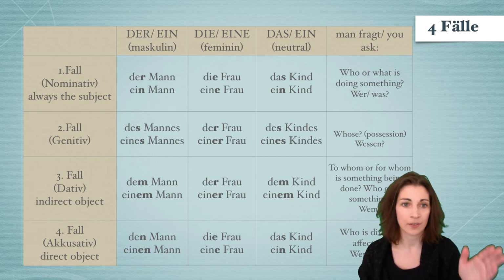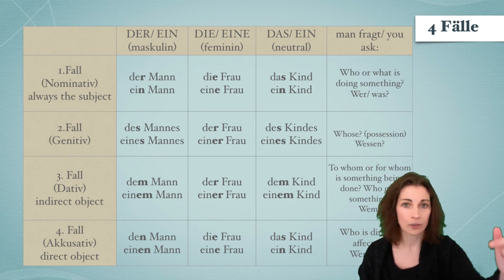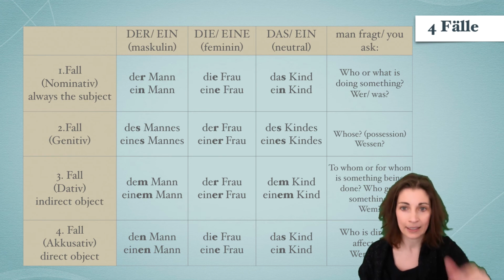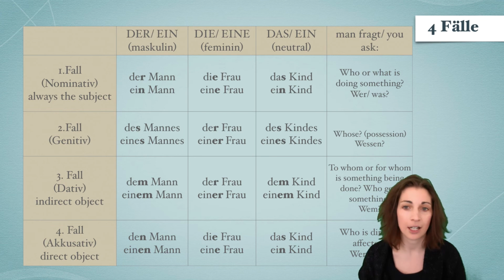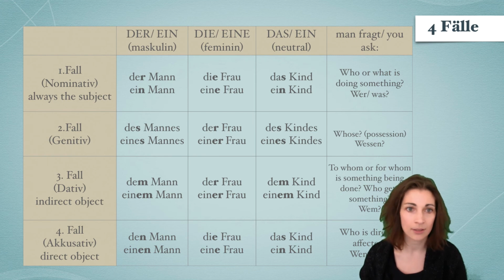So here again you see I have got der, die, das, and I also added the ein, eine, ein. So I have the definite and the indefinite article, and on the right hand side in the table you again can see the questions. So Nominativ, der Mann, who or what is doing something.